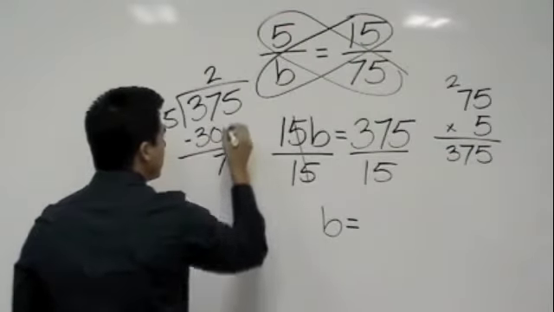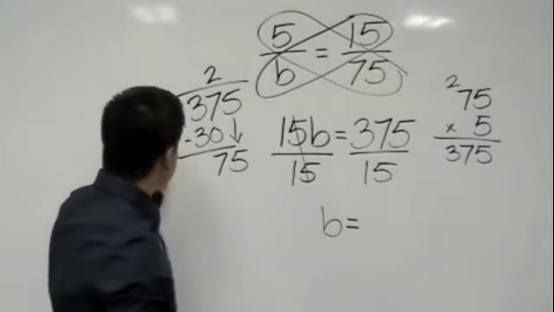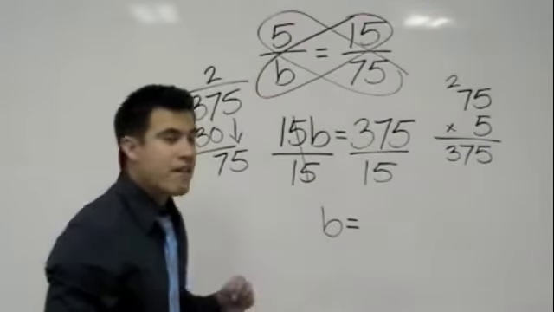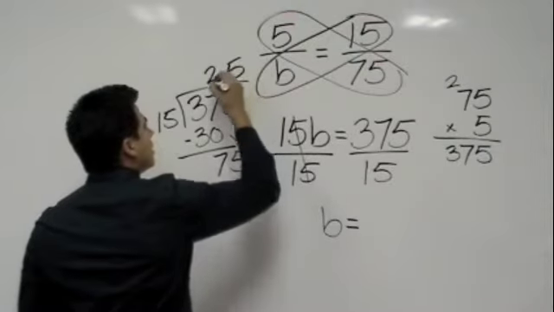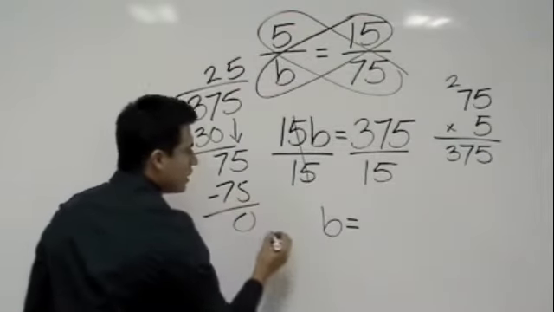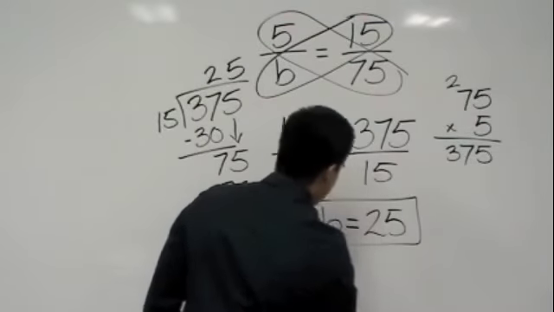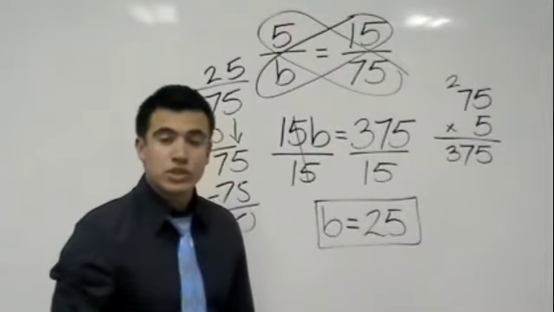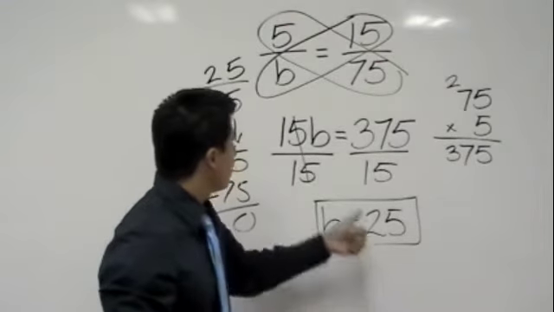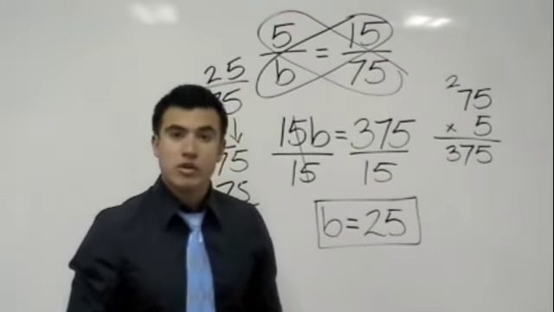Minus, 7, 75. We want to bring down the 5. 15 goes into 75 5 times. So now, by figuring this out, we can go ahead and see that b is equal to 25. Now, like the last example, I went ahead and told you, go back, plug this in for b, and you'll find out that the ratios are the same, which means they are proportions.